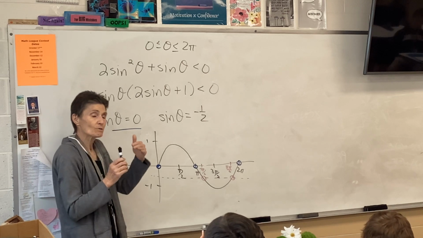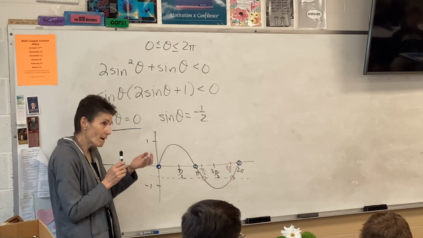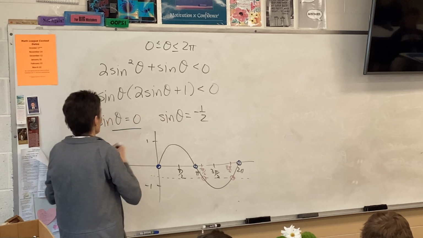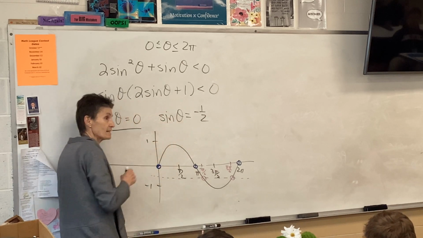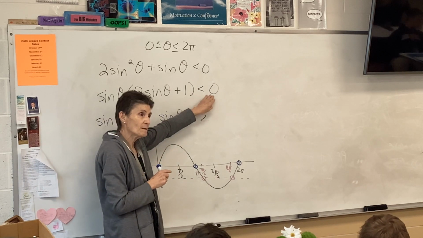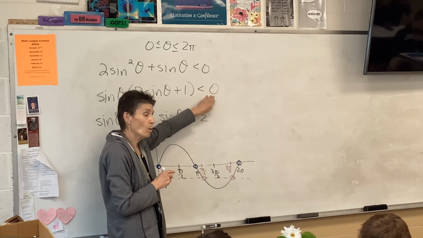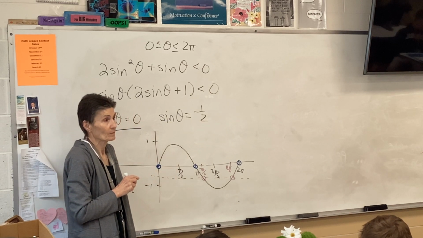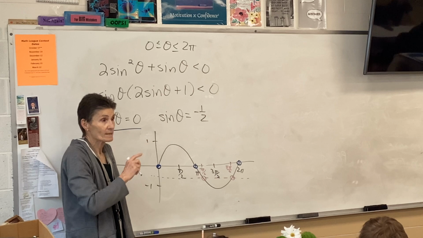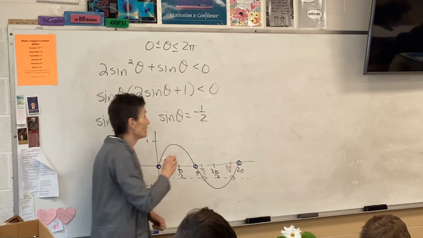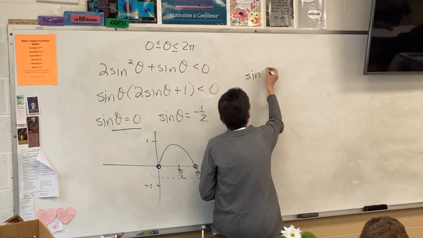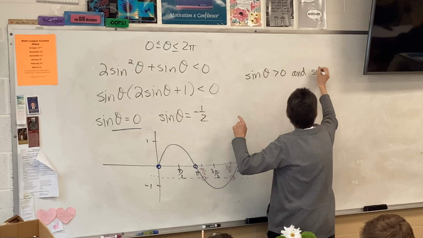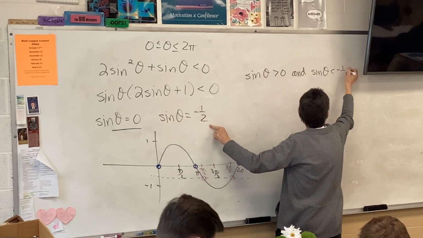Now, here's where you have to remember that this is a multiplication problem. If you are going to multiply these two things together, and they're going to be negative, then what can you tell me about the two things I'm multiplying? One is positive and one is negative. So either the sine is bigger than 0 and less than -1/2.